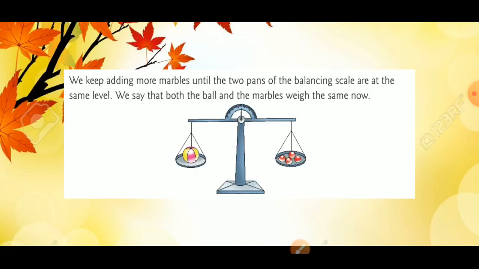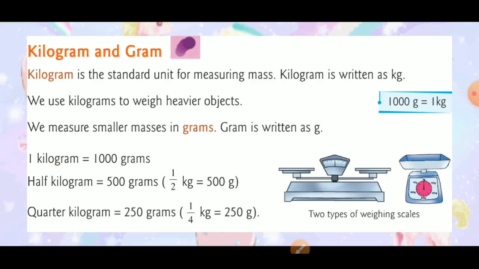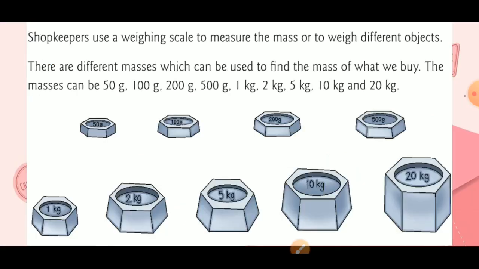If we keep adding marbles until the two pans of the balancing scale are at the same level, then we can say that the ball and marbles weigh the same now. The standard units of mass are gram and kilogram. 1 kilogram is equal to 1000 grams, half kilogram is equal to 500 grams, quarter kilogram is equal to 250 grams.